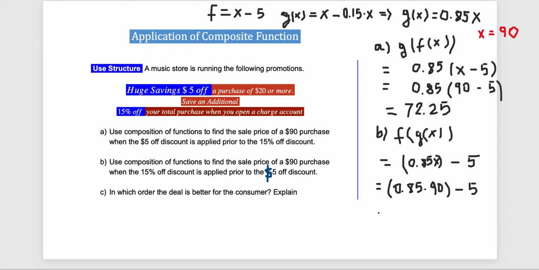Here we can calculate with the calculator easily.